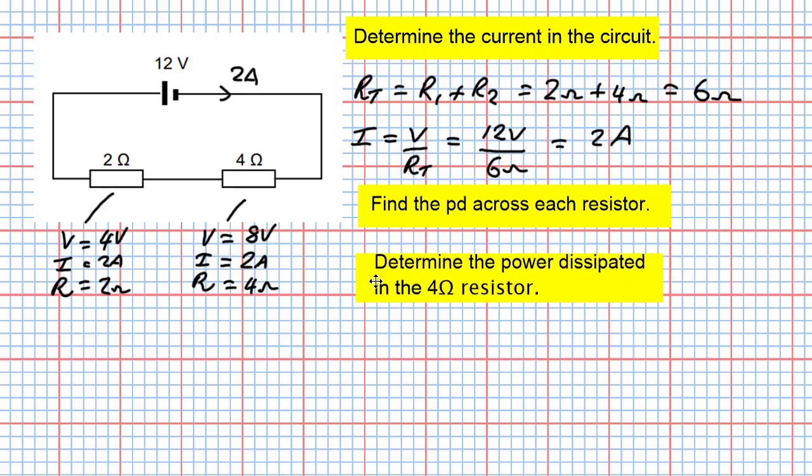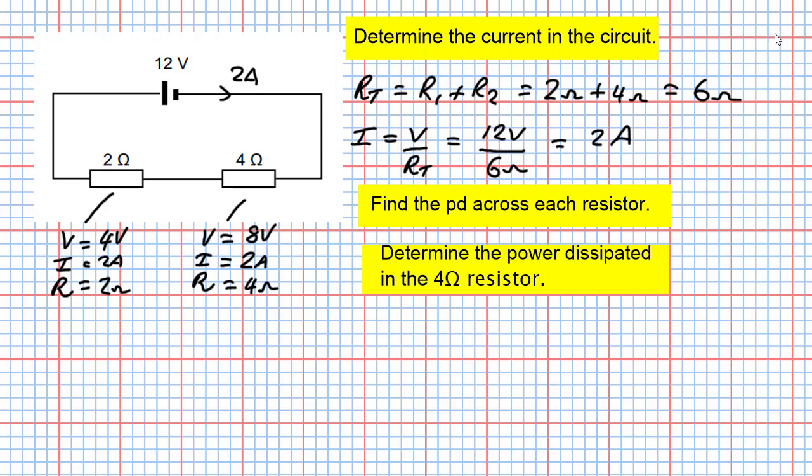Another question which might creep in is this one here. It says find or determine the power dissipated in the 4 ohm resistor. Well, the power equations are as follows. Power equals VI, which also equals I squared R, which also equals V squared divided by the resistance.